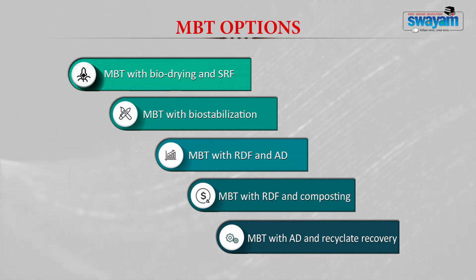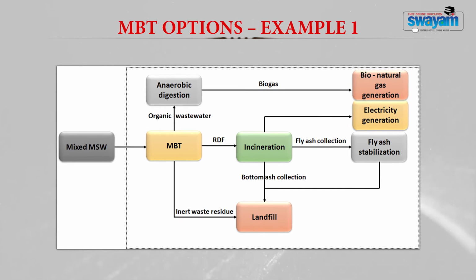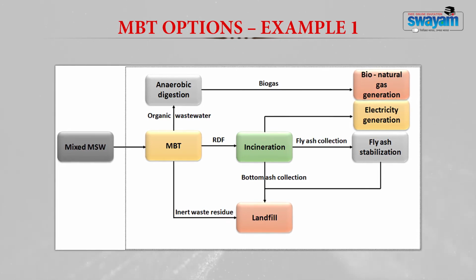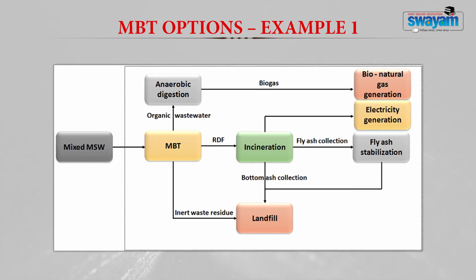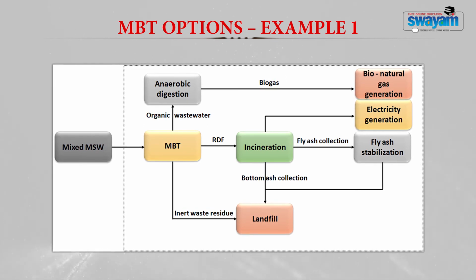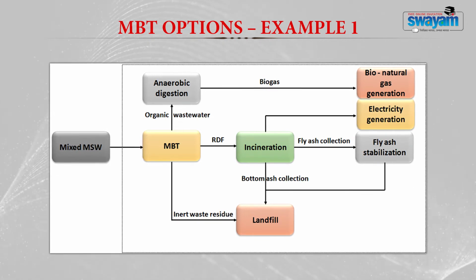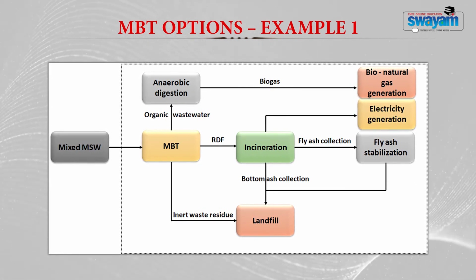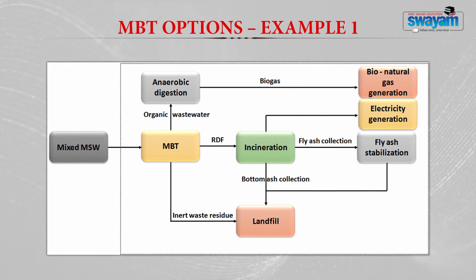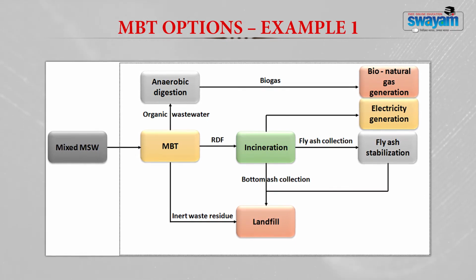Now, one or two examples I will discuss in detail. In the first scenario, if you see, the mixed municipal solid waste comes into the MBT process. Here it is directly subjected to the anaerobic process. One path you can subject it to the anaerobic process, the other one you can subject it to RDF, that is the incineration process.